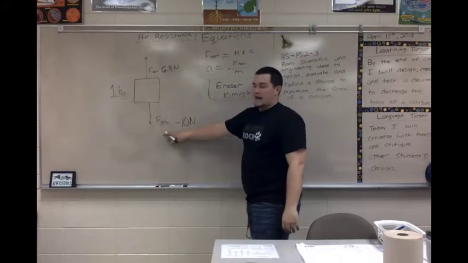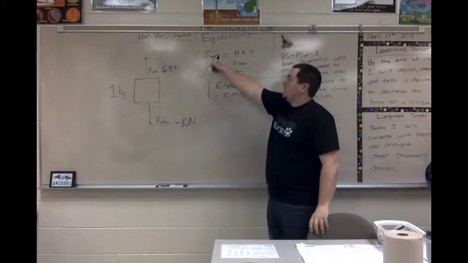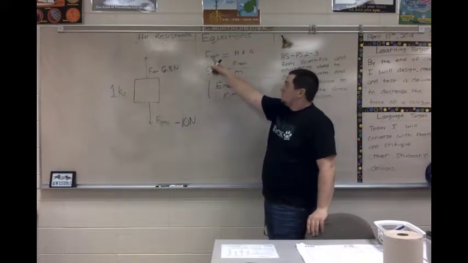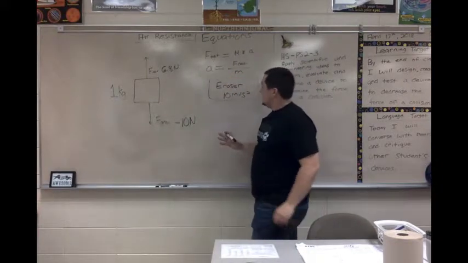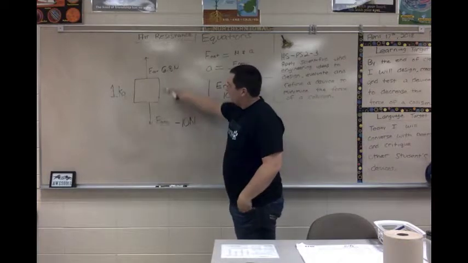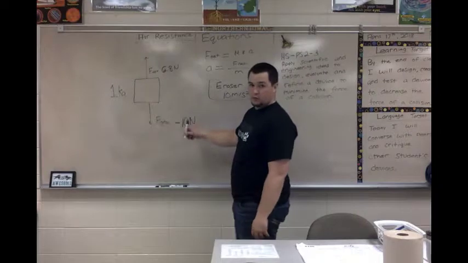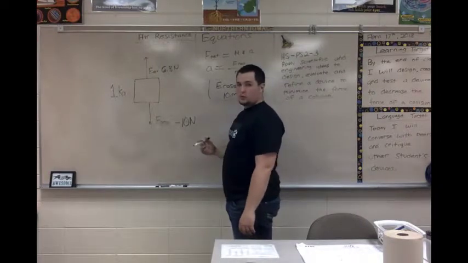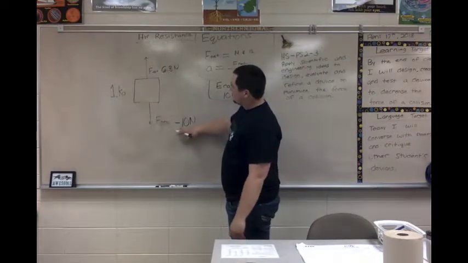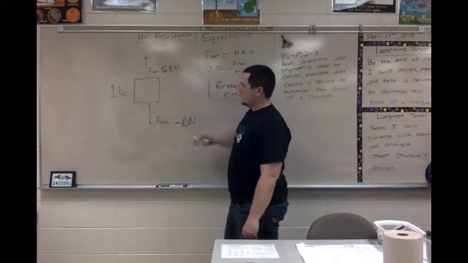So let's take a look at how we can now calculate our net force. So our net force we need to figure out by adding up our 2 different forces. So we have 1 force pointing down, 1 force pointing up. If we subtract 10 from this, we'll get a negative number.